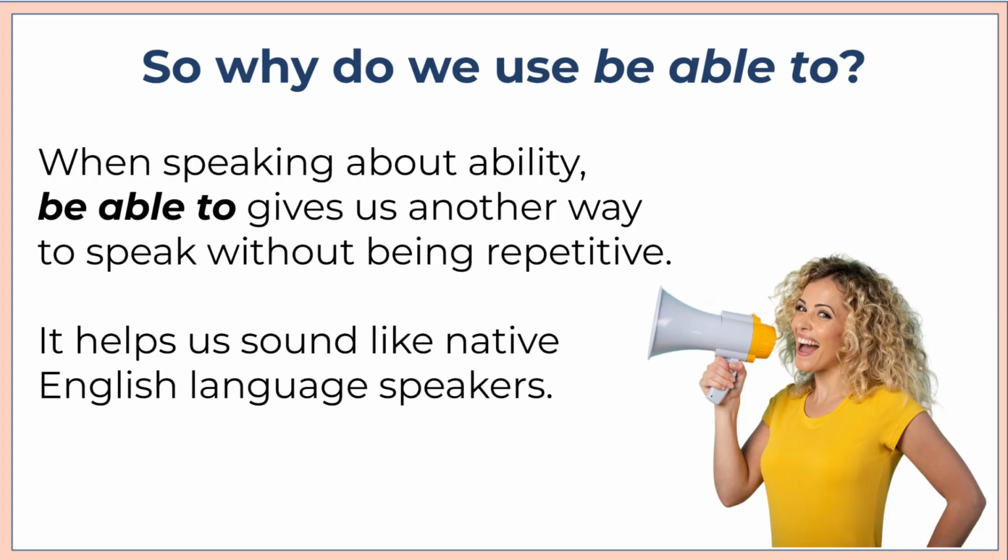Well, using be able to, whether in the present or the past, just gives us another way to speak without being repetitive, without constantly saying can or could. And when you have a couple of different ways to say something, it definitely helps you sound like a native English speaker.